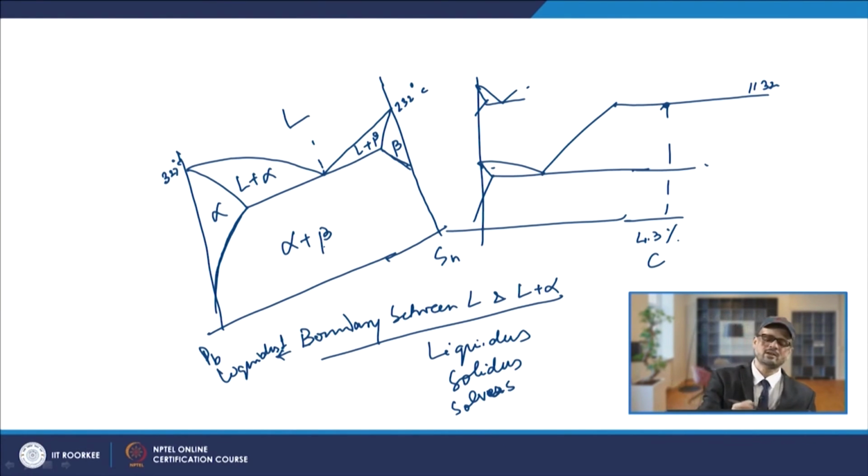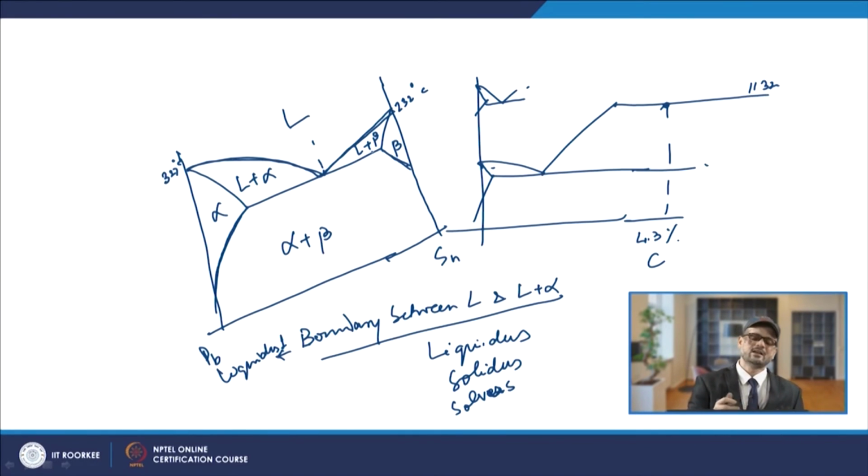You must know what these lines are known as in such cases. These will be your liquidus lines, L and L plus alpha, and similarly L and L plus beta. Similarly, the alpha solid phase and L plus alpha boundary will be your solidus line, and here also you have a solidus line.